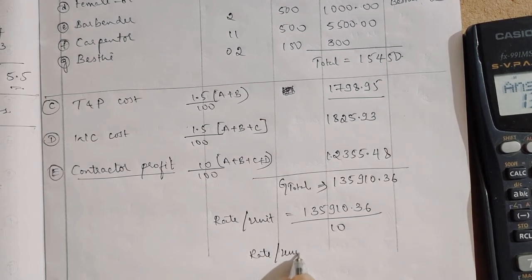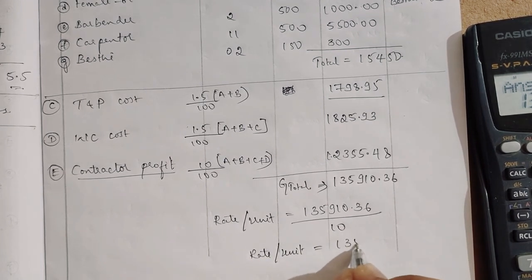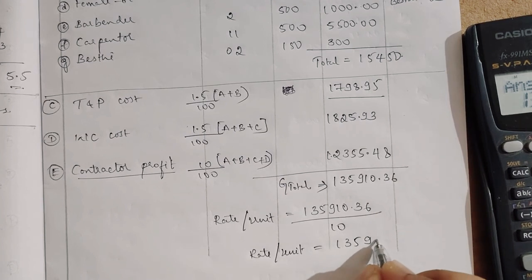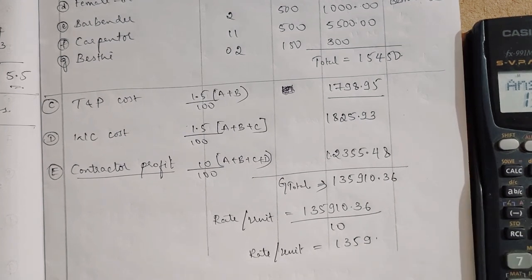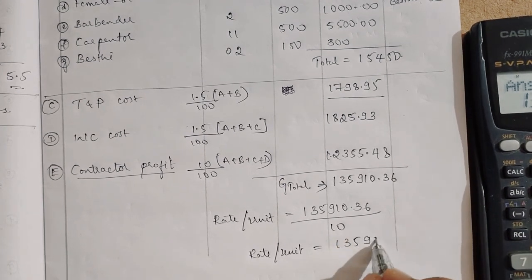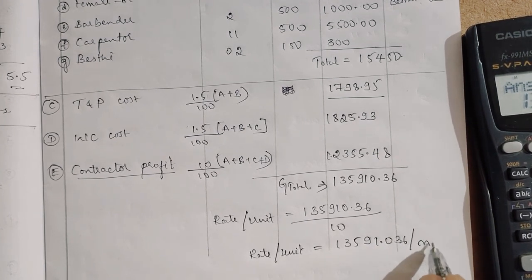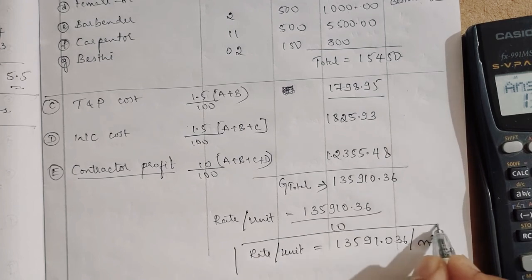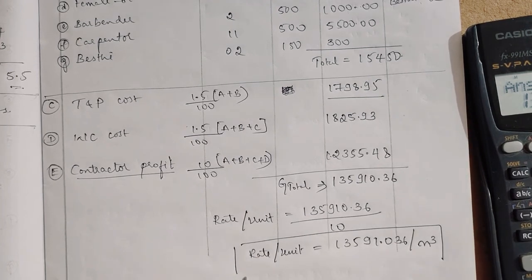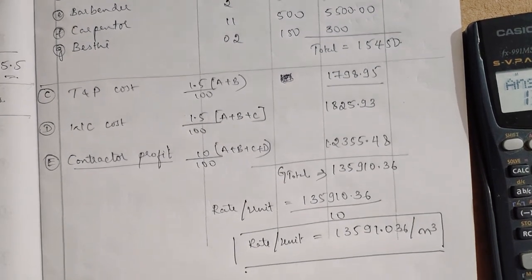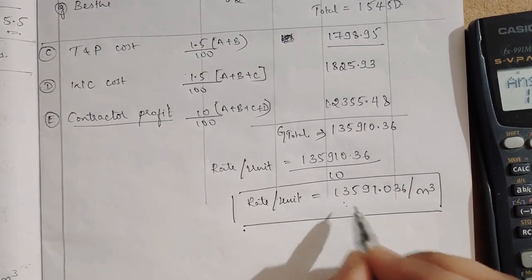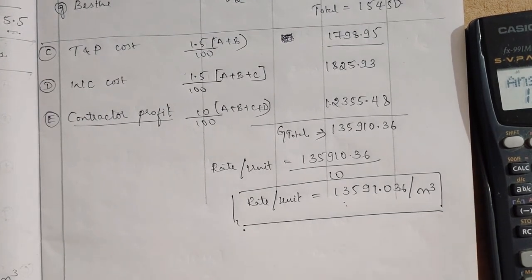So the rate per unit will be 13591.036 per meter cube for the column work. So this is the rate per unit for the column work.